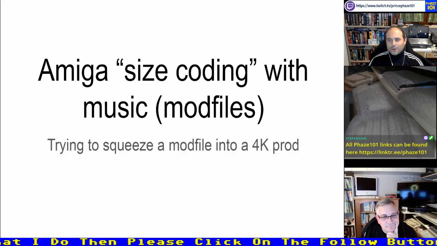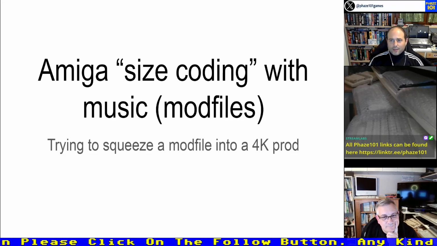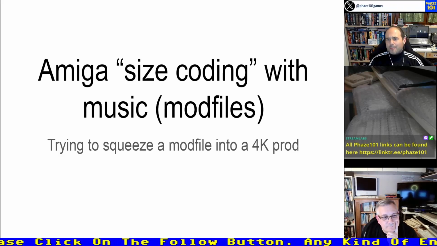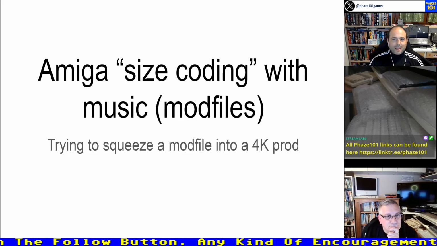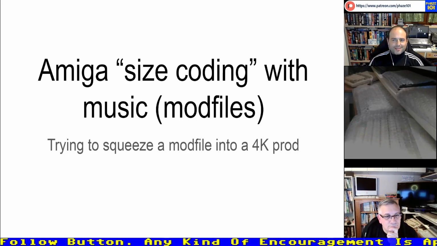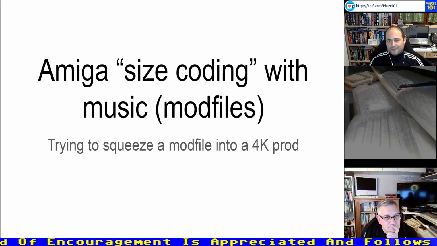So I'm lowering the bar to the extreme and going 4K, which for an Amiga program is quite difficult, since the Amiga is not the best machine for size coding. It's pretty hard. You have to be very, very accurate when you write something. And still, it must work.